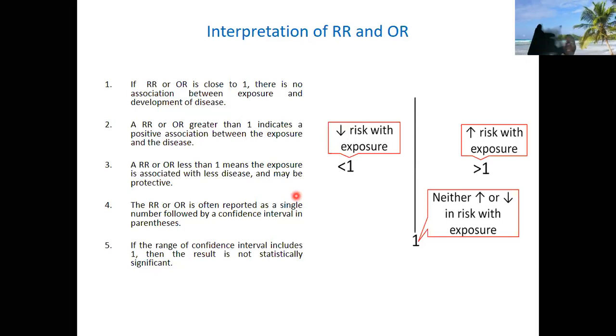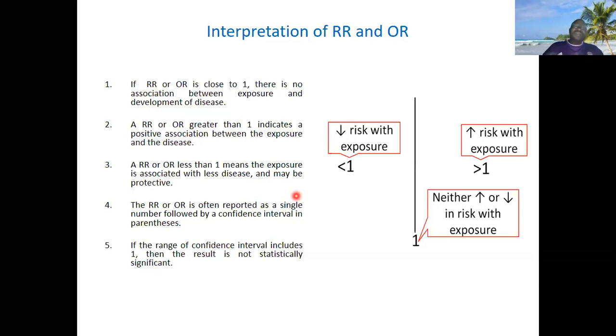Now, the other possibility is that it may be greater than 1 or less than 1. Imagine you have put the risk among the exposed as numerator and the risk among the non-exposed as denominator, and when you calculate it, it's less than 1. It means that the numerator is smaller than the denominator. That's why it will be 0 point something.